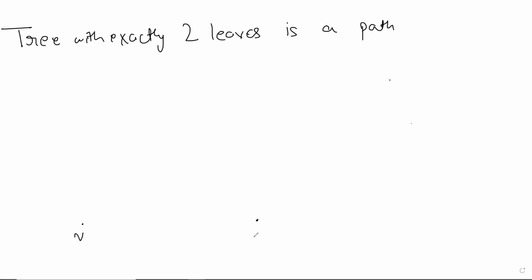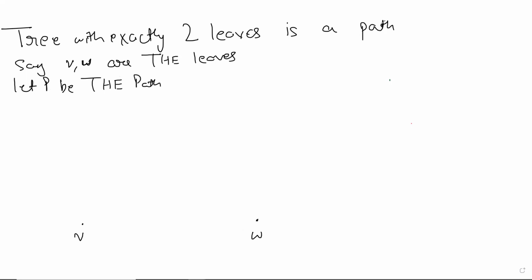So let's say that V and W are the leaves. Now, what do we know about trees? We know that between any two points there is a path, right? So let P be the path.